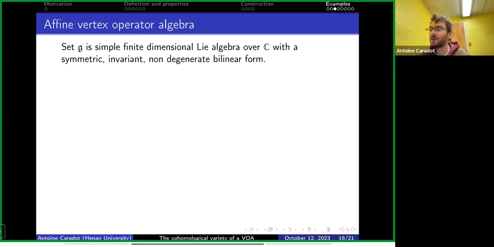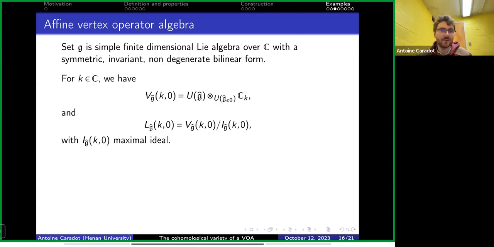So for now, the affine part, you take the usual setup where G is some simple finite dimensional Lie algebra over the complex numbers, equipped with some non-degenerate invariant symmetric bilinear form, proportional to the Killing form.